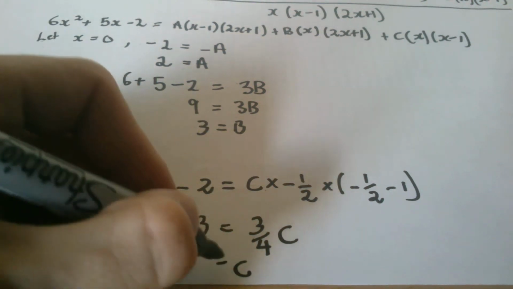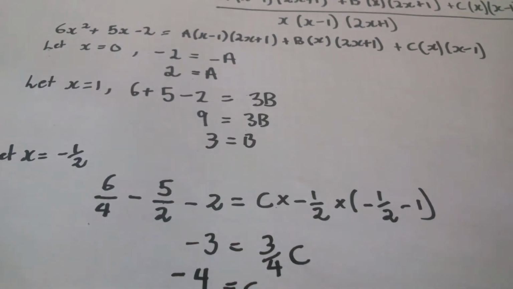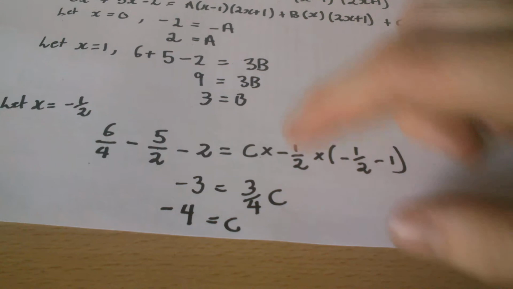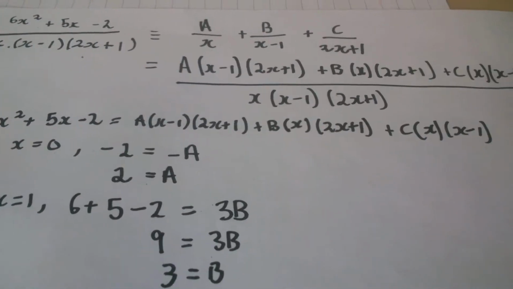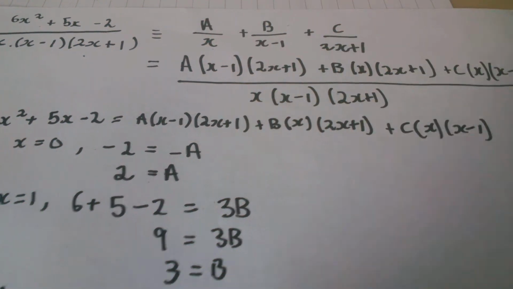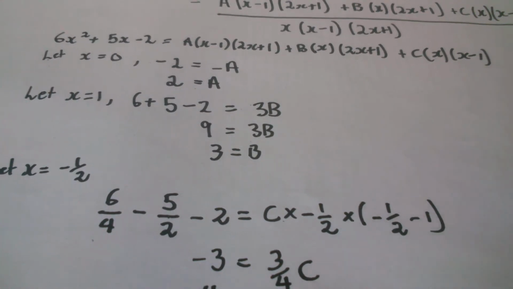So c equals minus 4. Again, now you've got a here, b here, and c here. All you'd have to do to conclude the question is put those values in here, and you've solved the problem.